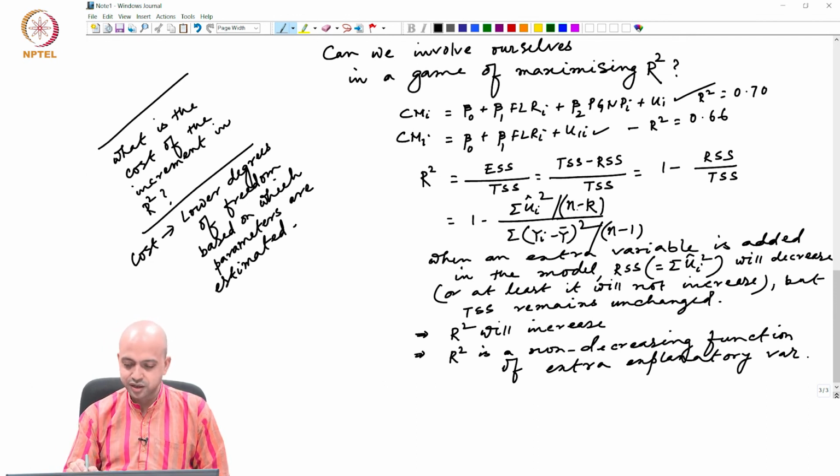But for the numerator, the degrees of freedom is n minus k; the more explanatory variables you add to the model, the larger the value of k. So n minus k will decrease, and this summation ui hat square will come down, and that gives some penalty on the addition of explanatory variables.